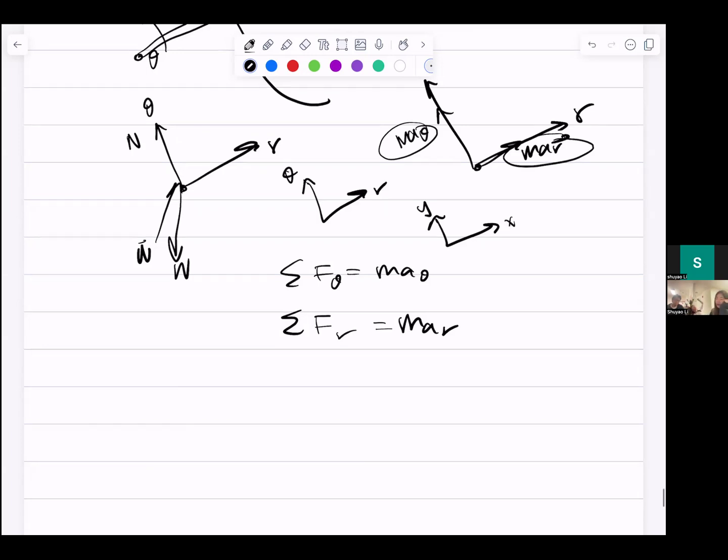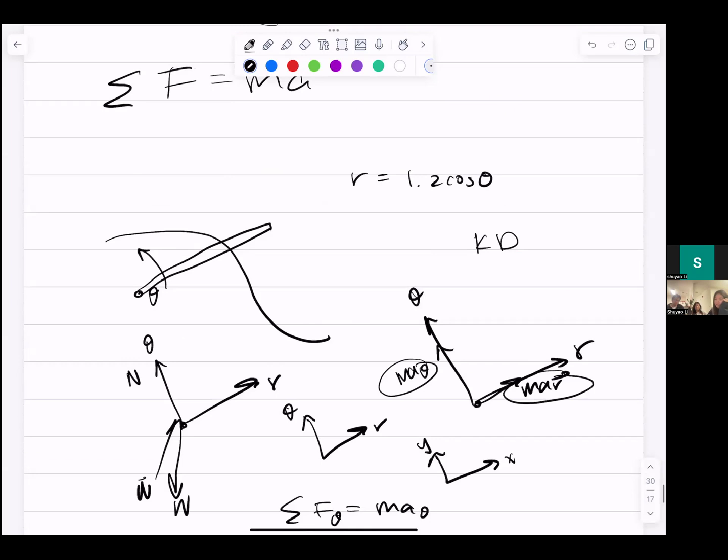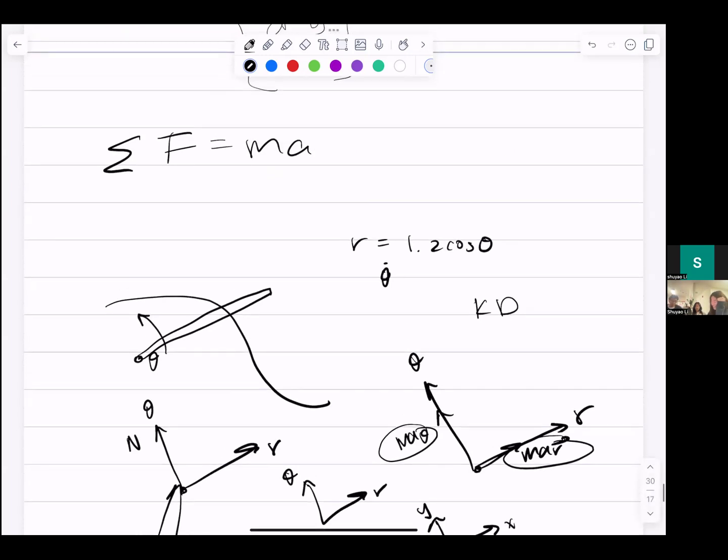And we also have our r equation here. We can also solve for theta dot by using equations.